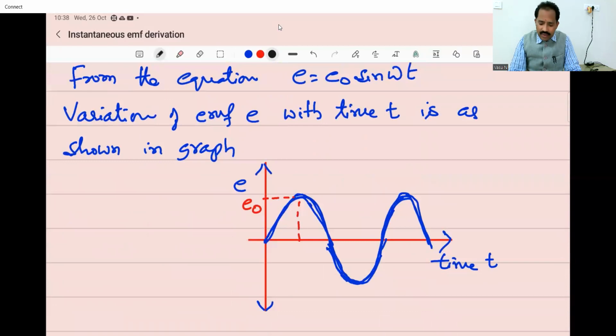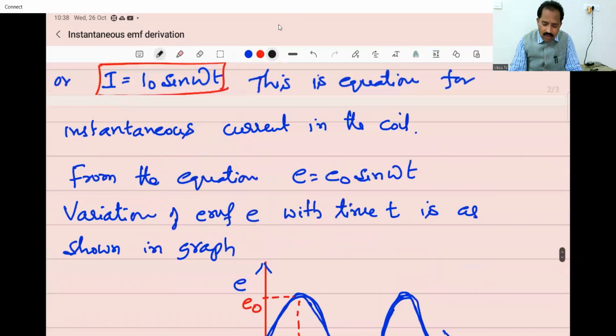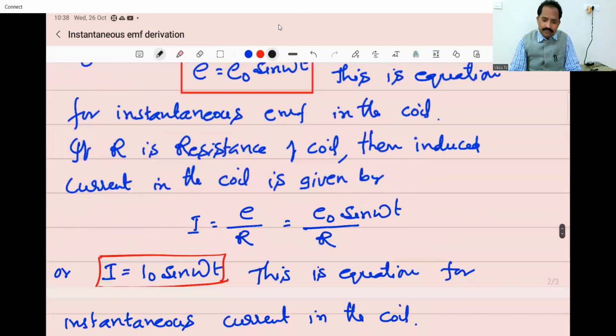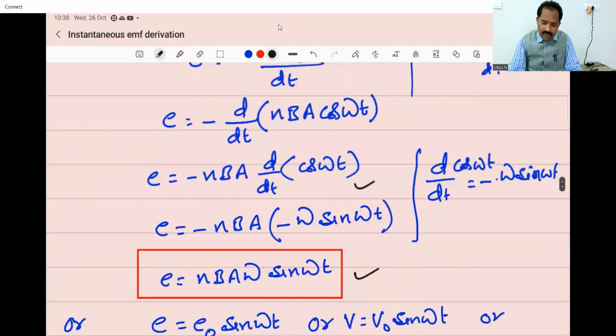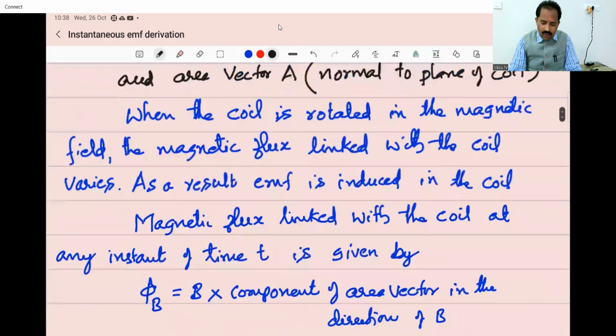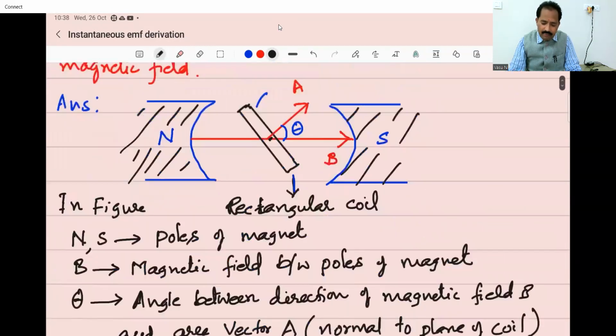Look at that, where E naught is called peak value of EMF induced. So this is a graphical representation of variation of voltage or EMF with time. It carries 5 marks, so you have to write this much and practice the diagram.